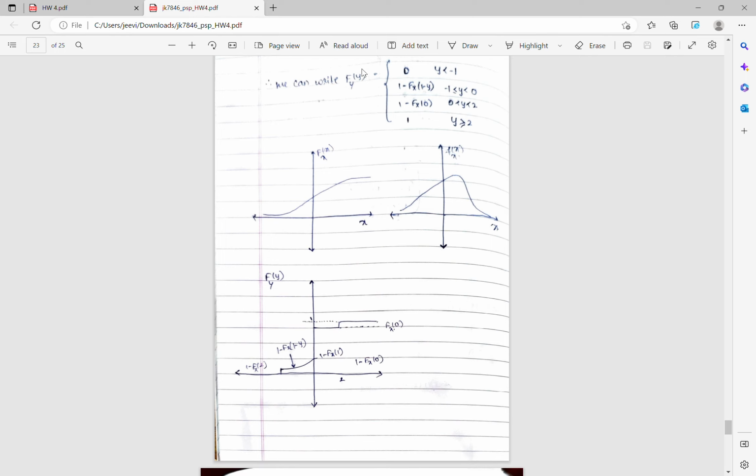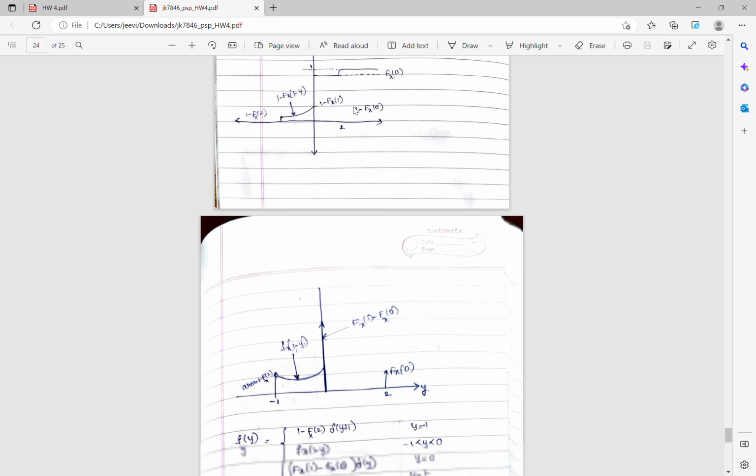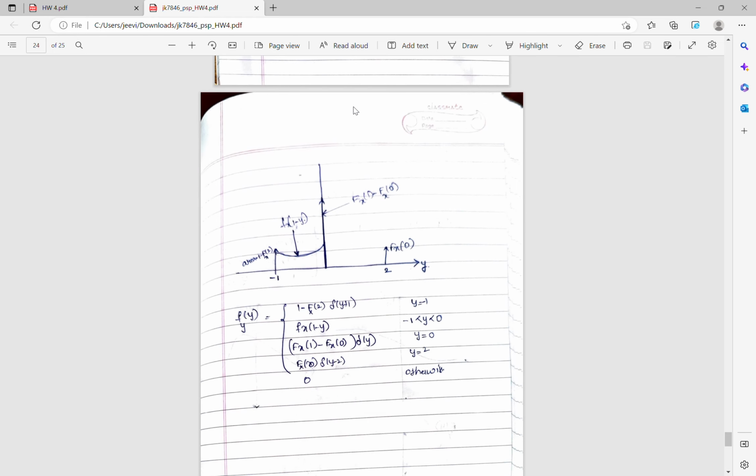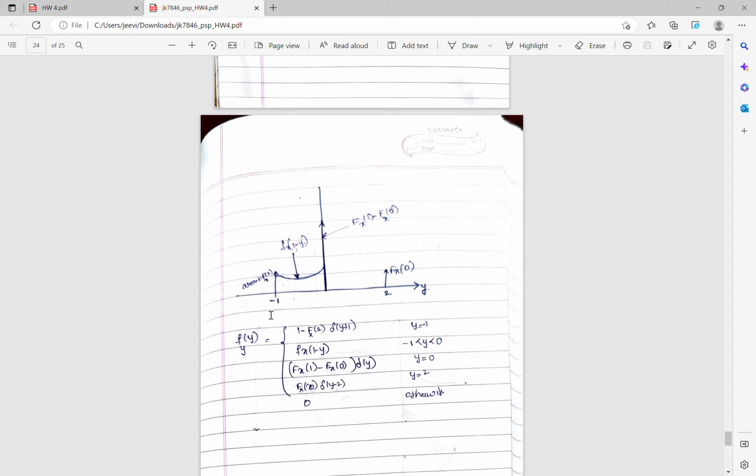Now, if we differentiate this, we will get the value of the probability distribution function. So the probability distribution function will be equal to 1 minus F_X(2) when y is equal to minus 1, and f_X(1 minus y) when the value of y is between minus 1 and 0.